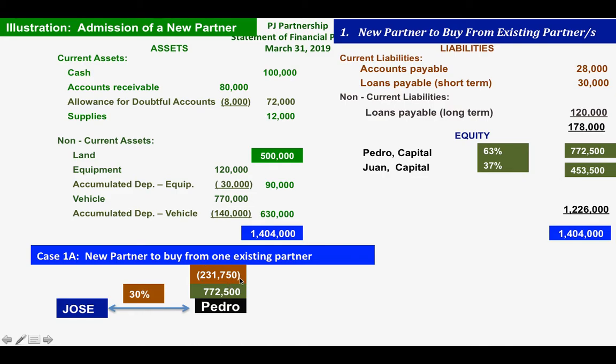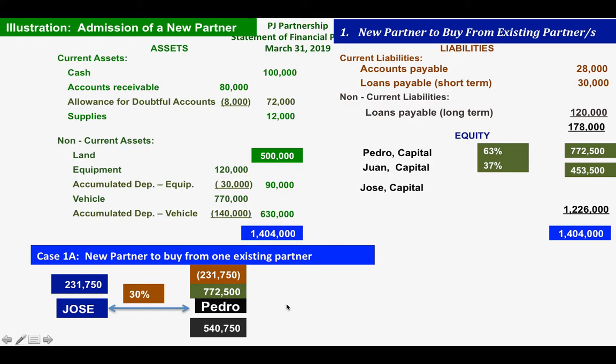So there will be a reduction of 231,750 from Pedro's capital, and that will be the interest to be transferred to Jose. Okay, so in effect, Pedro will only have 540,750 left on his capital.